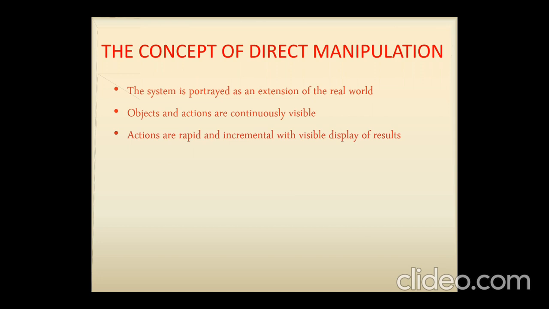The next characteristic is that incremental actions are easily reversible. Finally, actions, if discovered to be incorrect or not desired, can be easily undone. All these are the characteristics of direct manipulation.